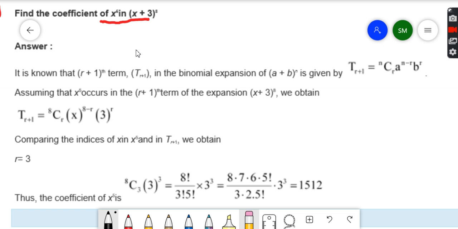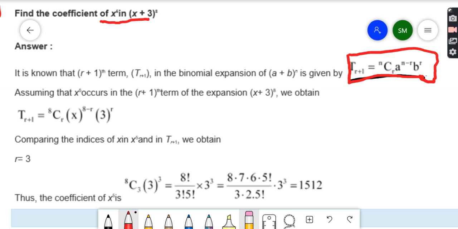You can see this is our standard formula. T r plus 1 is equal to nCr. Alright, this is our standard formula, as I explained above also. nCr a raised to n minus r, b raised to r.